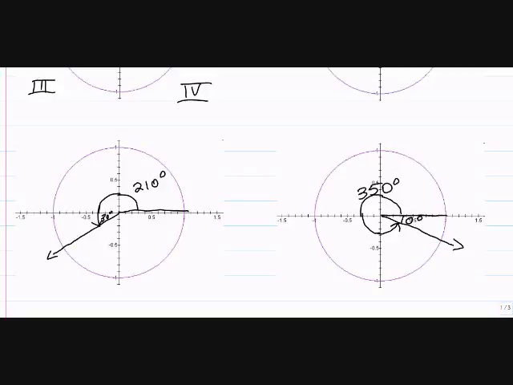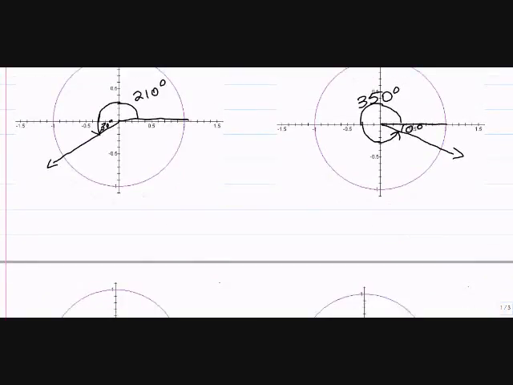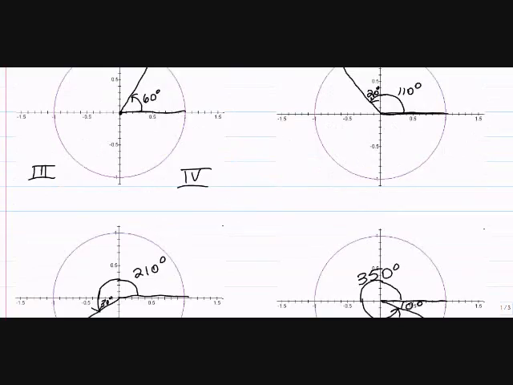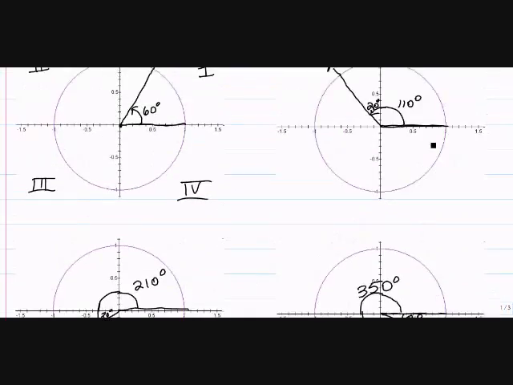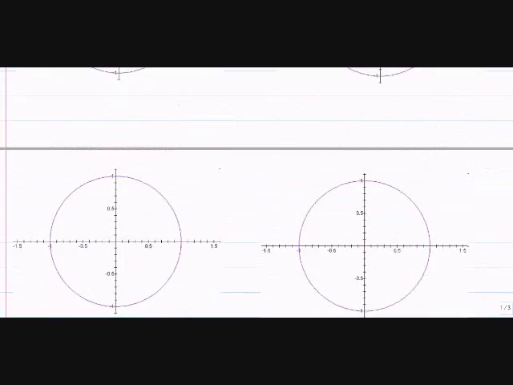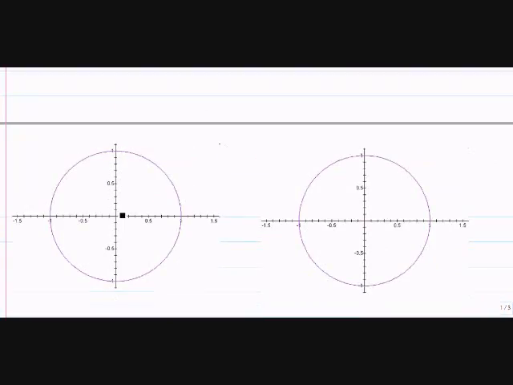Now, these angles are all ones where I've started off at my standard position and gone counterclockwise. I can also go clockwise. Let me show you one of those. I'm going to start here on the x-axis, and I'm going to go around clockwise. And let's say I stopped right there at the other half of the x-axis.